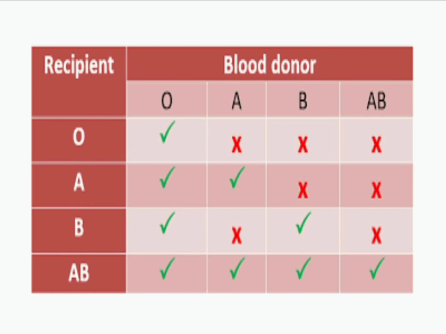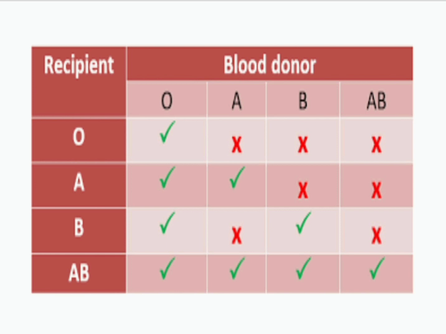Now in this chart we understand what is the meaning of a recipient, what is the meaning of a donor. A donor is the person who donates the blood, okay, so he is called a blood donor, and a recipient is the person who receives the blood, so he is the blood recipient.